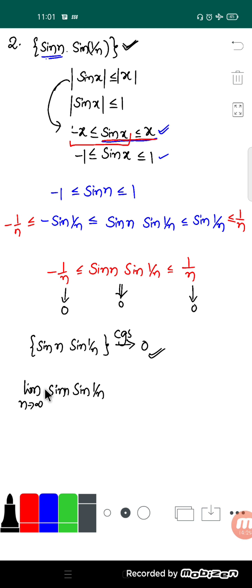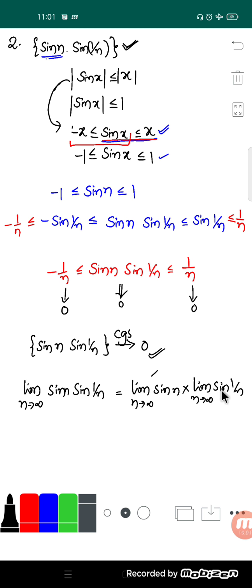You can split this into the limit as n tends to infinity of sine n times the limit as n tends to infinity of sine 1 by n. This is possible because we know what each of these is.